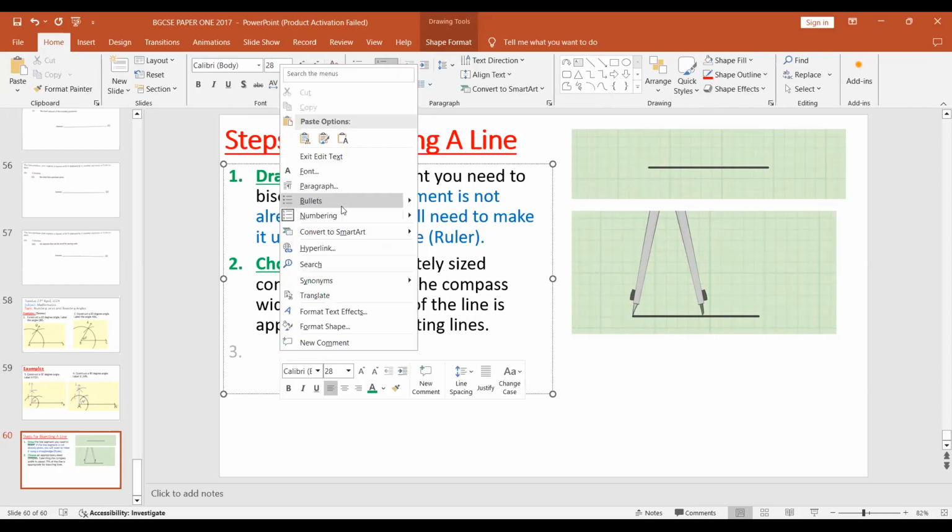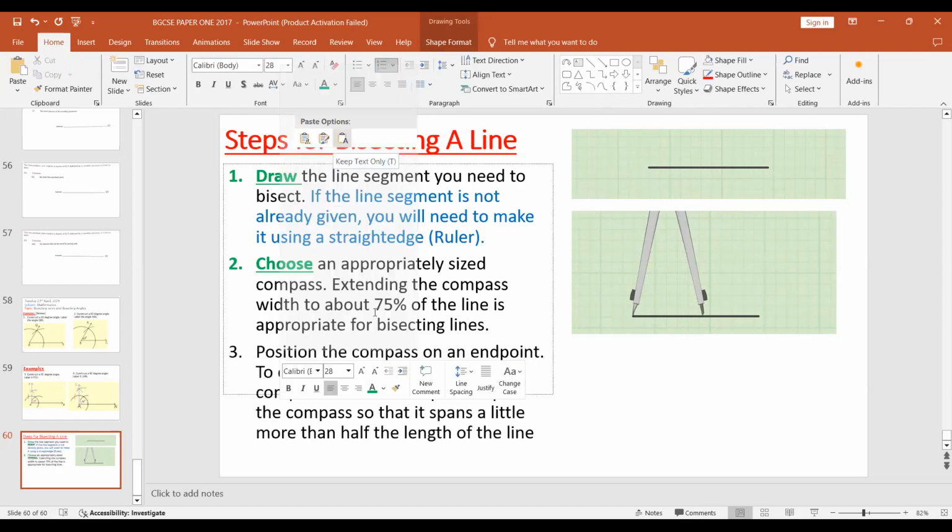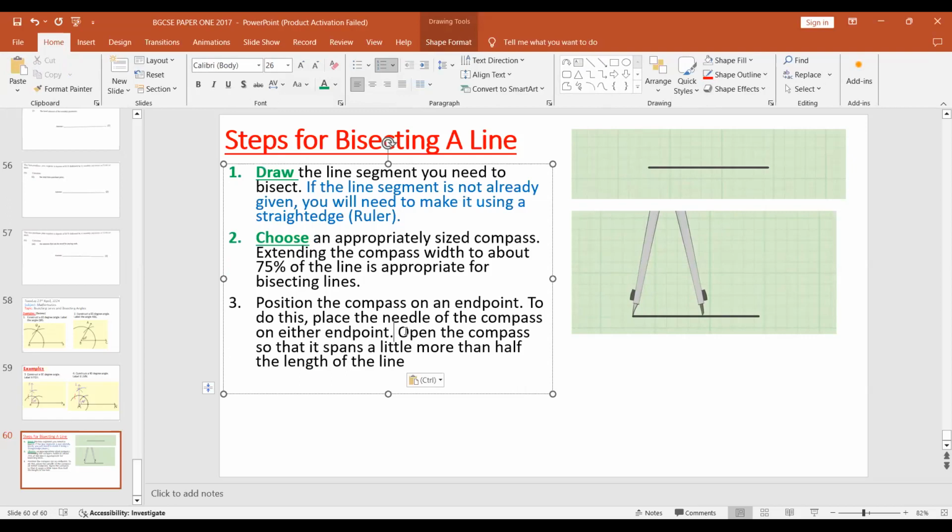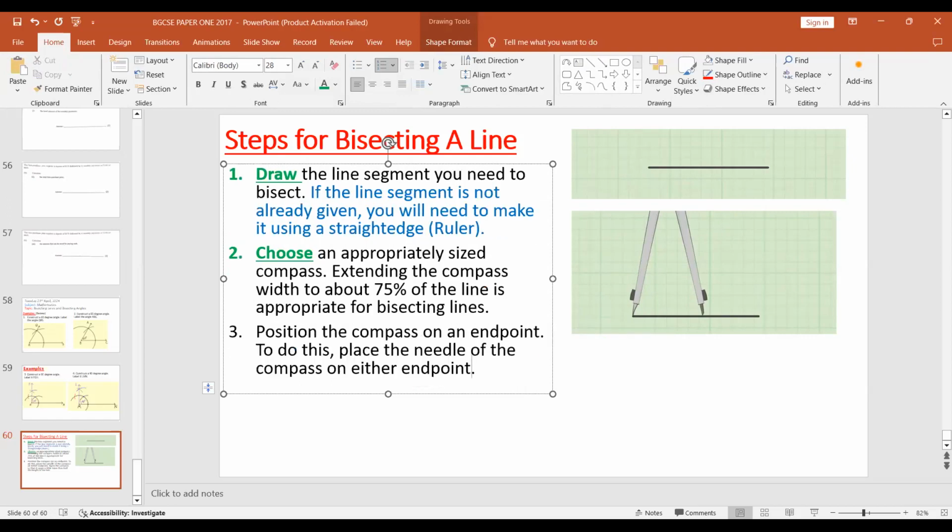The next thing you want to do is position the compass on the endpoint. To do this, place the needle point on either endpoint. You could start with this endpoint or this endpoint, it doesn't matter. But in this case, we're going to start with the one that is to the left.